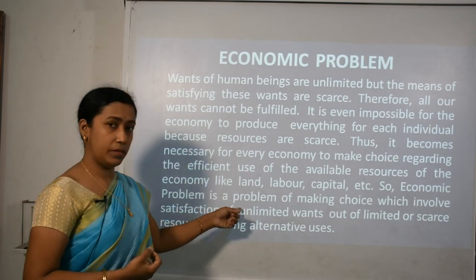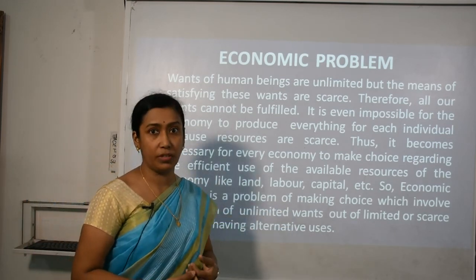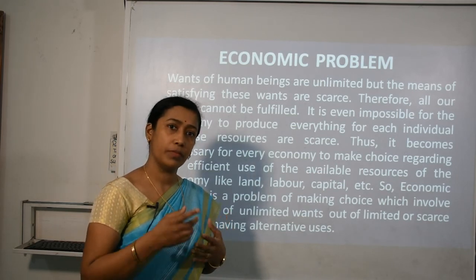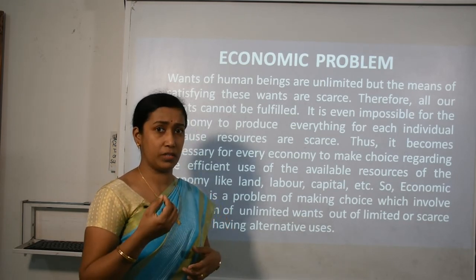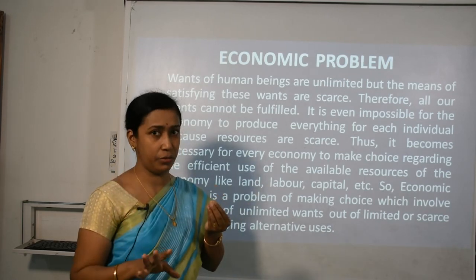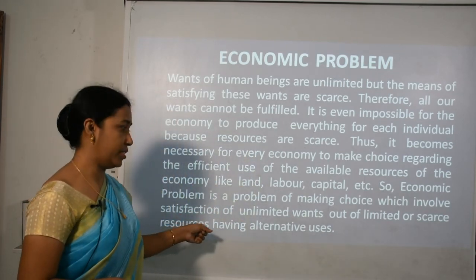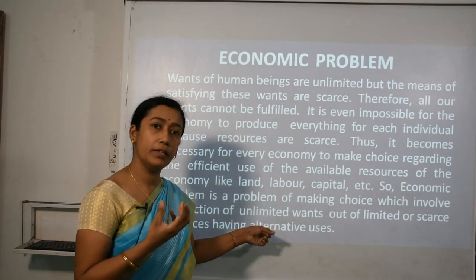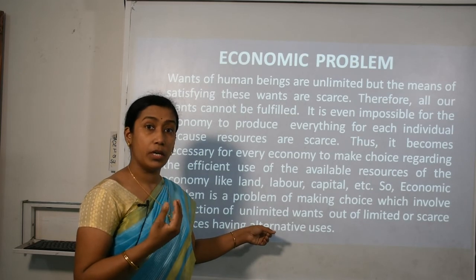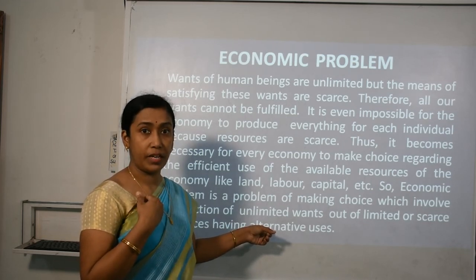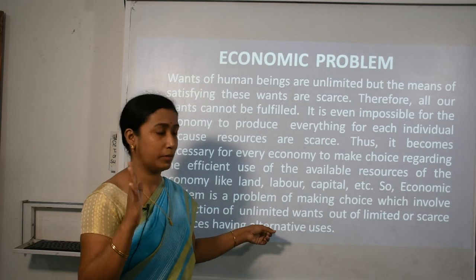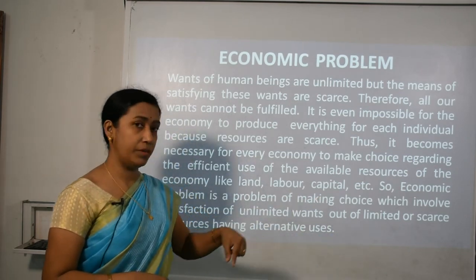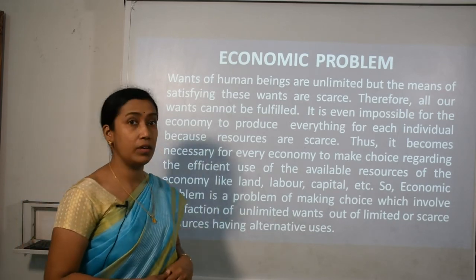So the economic problem is basically a problem of making choice. When we say the country is facing an economic problem, what is it? It is just a problem of making choice, which to take and which to leave, which involves satisfaction of unlimited wants. When we are making decisions regarding choice, we want to assure ourselves that we should be satisfied. So it is regarding satisfaction of unlimited wants out of limited or scarce resources having alternate uses.